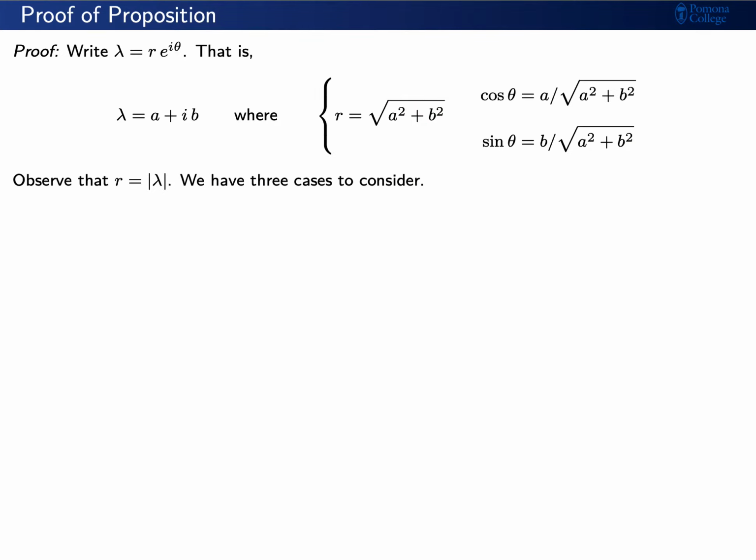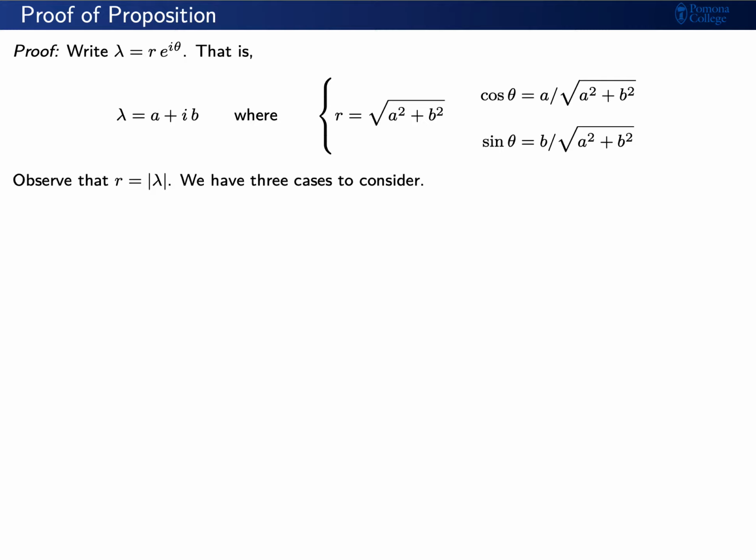Here's a proof of this proposition. First, let's write lambda as a real number times e to the i theta using Euler's formula. If you haven't seen this before, don't worry about it. We can write lambda as a plus bi, and let's write r as its absolute value, namely the square root of a squared plus b squared, and now we have an angle theta defined in this way.